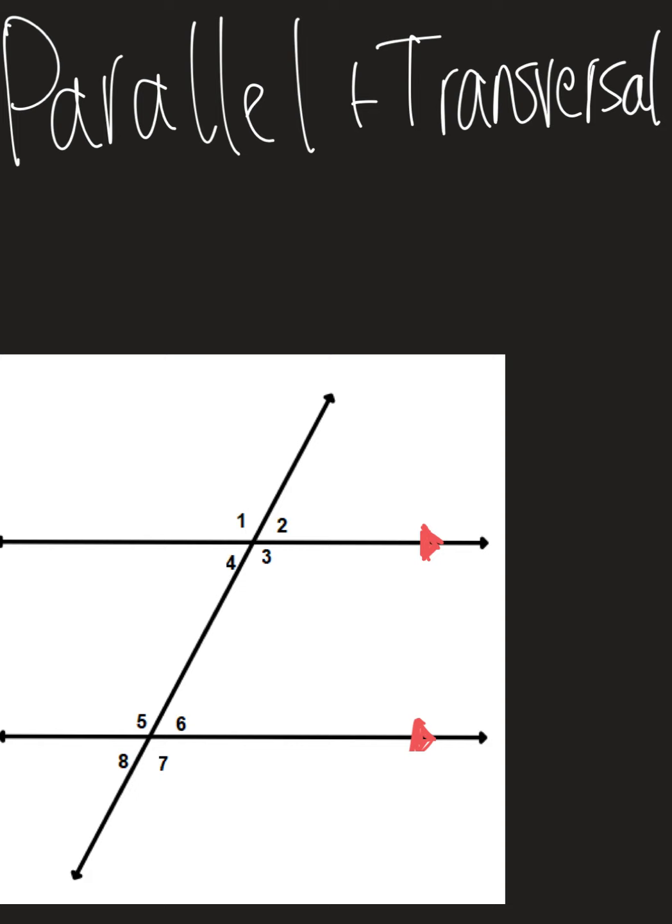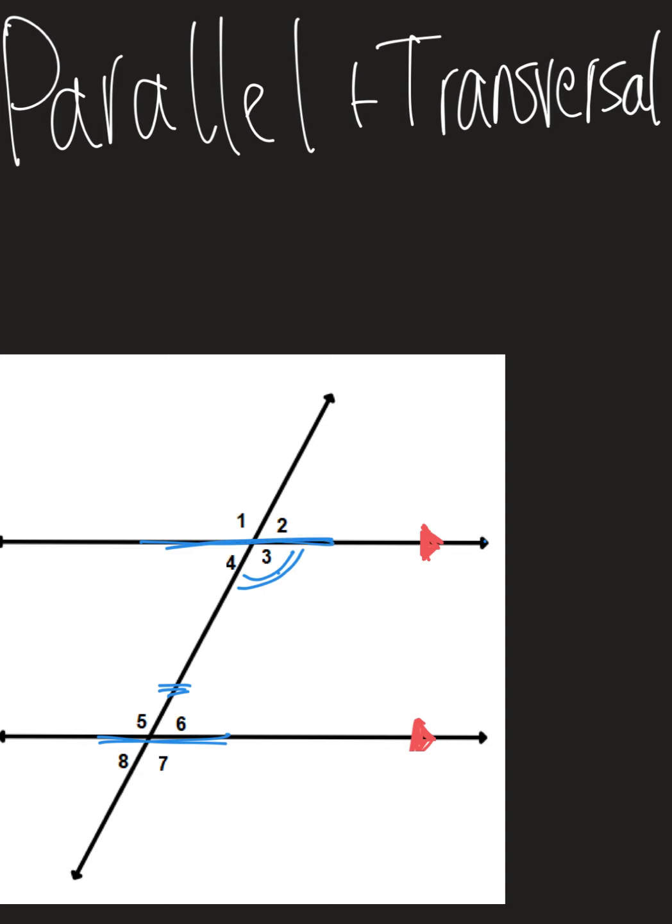So when we talk about alternate interior and alternate exterior, and same side or consecutive interior and same side or consecutive exterior, we are talking about inside the parallel lines or outside the parallel lines and across the transversal or on the same side of the transversal. Let's start with alternate interior angles. Let's say we're working with angle 3. 3 is inside the parallel lines, and the alternate interior angle would also be inside the parallel lines, on this side of the transversal, on this side of this other parallel line.